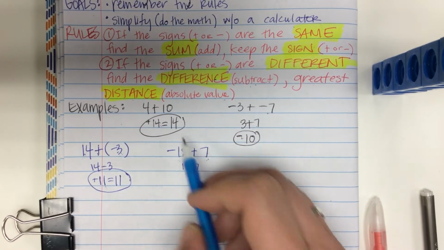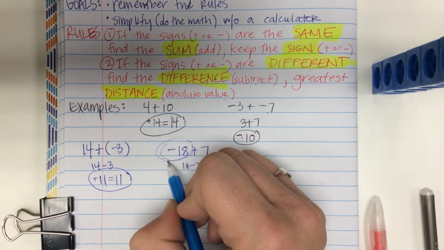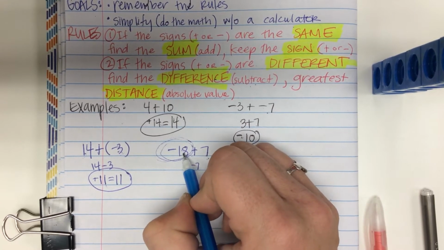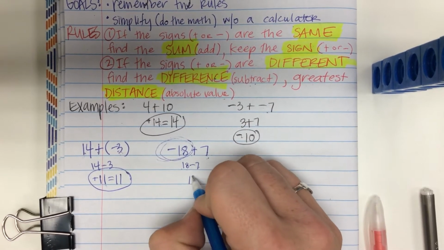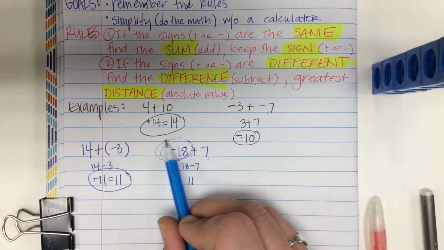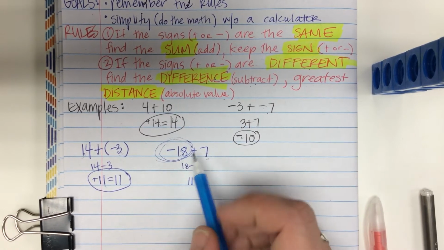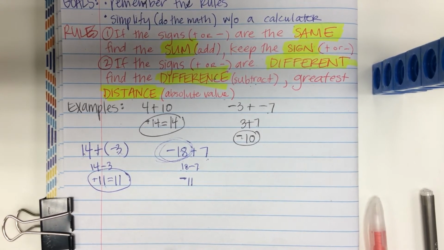Safi? Yeah. Negative 18 has a greater absolute value. It's 18 spaces from 0, right? 18 minus 7 is 11. But since negative 18 has a greater absolute value, my answer is going to be negative.